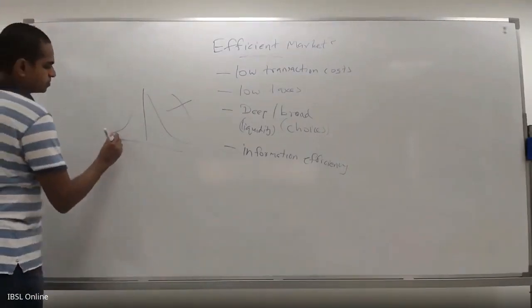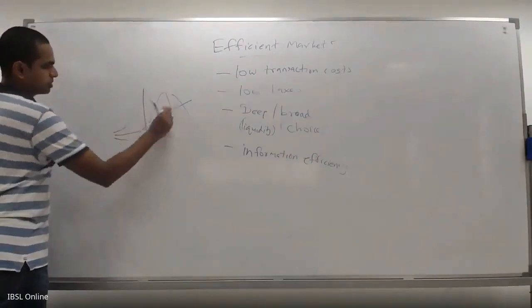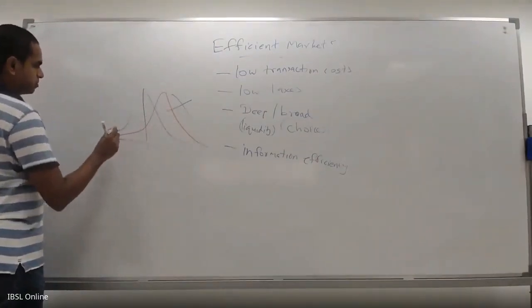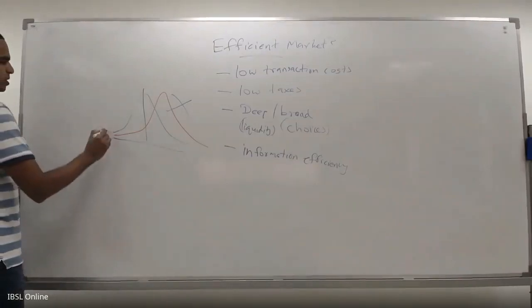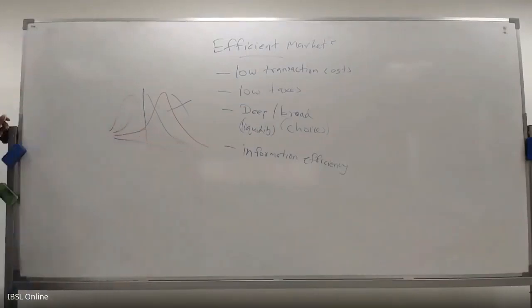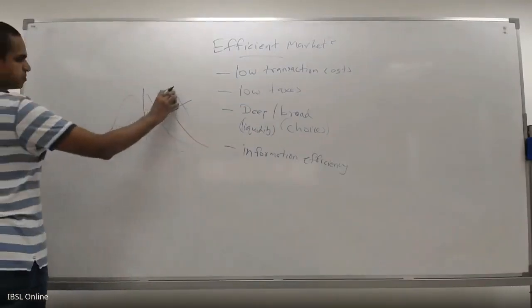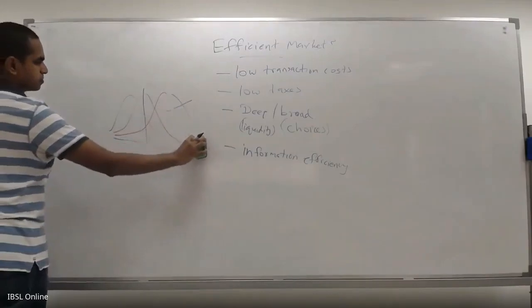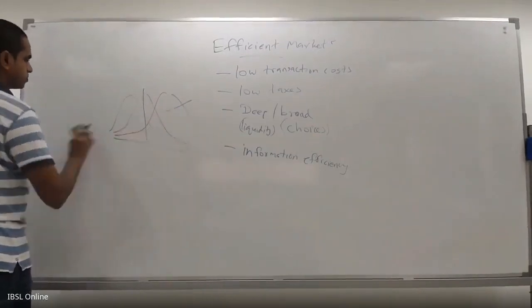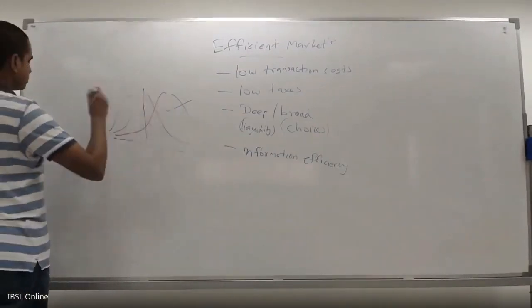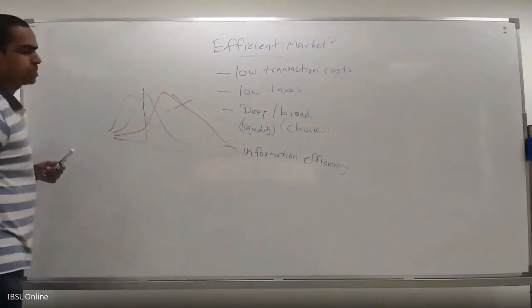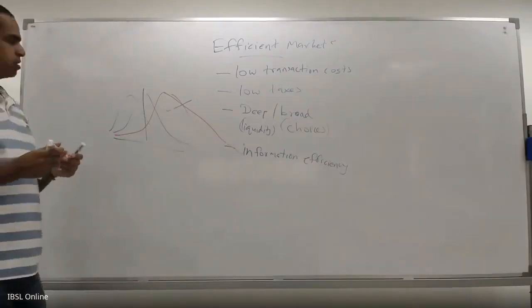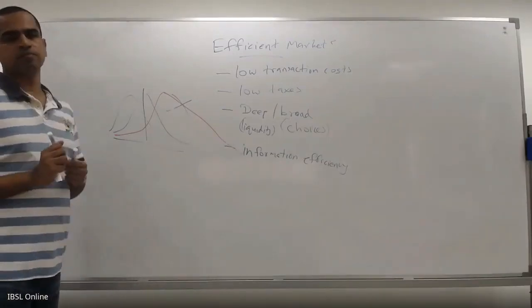Skewed returns, like this, or like this, also possible. So a bell curve is not a must.